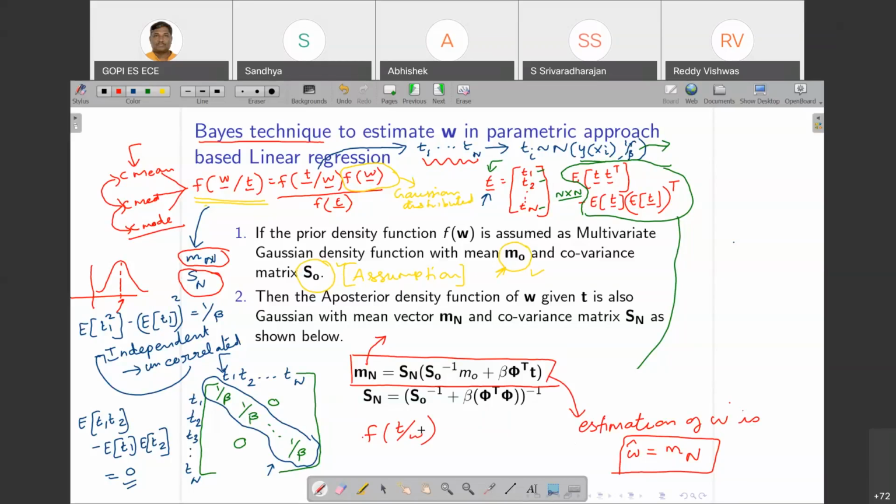So this one has the mean vector y of x1, y of x2, up to y of xn.